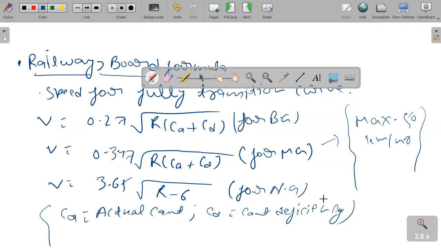For broad gauge it is 0.27 under root R Ca plus Cd, for meter gauge 0.347 under root R Ca plus Cd, and for narrow gauge 3.65 under root R minus 6. Its maximum value is 50 kilometers per hour.